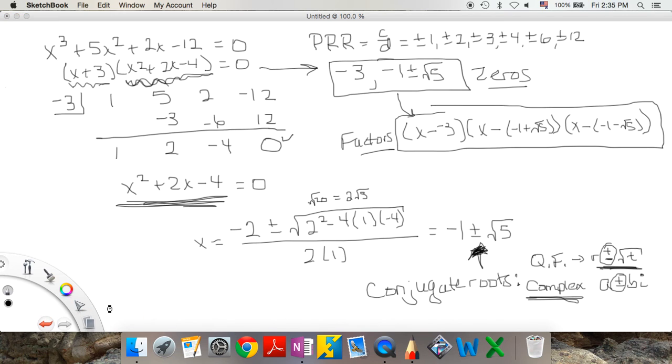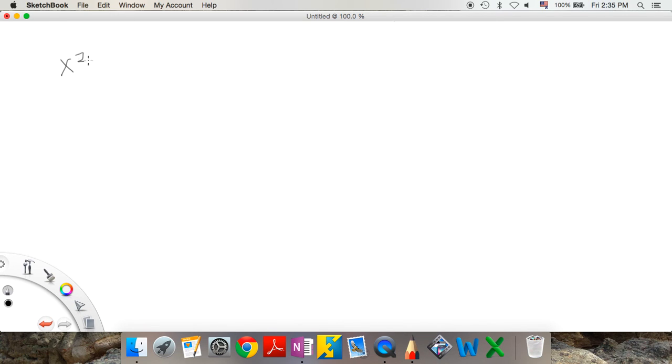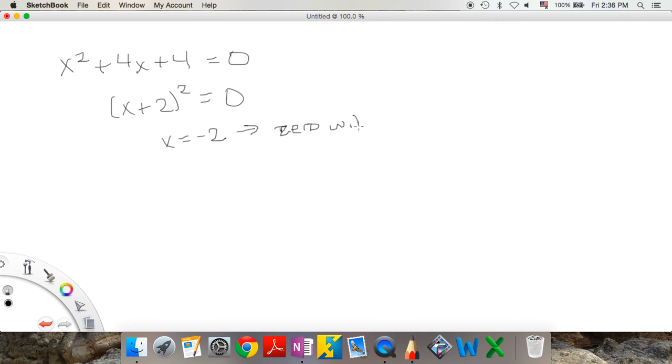Now, sometimes, for example, in this case, you can have a root that appears twice. So, for example, this factors to be x plus 2 squared, and no matter what you get x minus 2. And what you do is you say this is a 0 or a root with multiplicity 2. That means it happens twice.